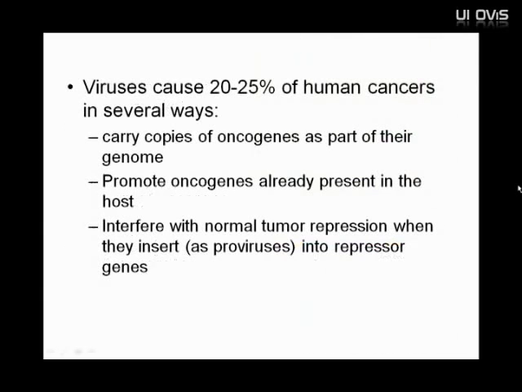Viruses cause 20 to 25% of human cancer in several ways. They carry copies of oncogenes as part of their genome, promote oncogenes already present in the host, or interfere with normal tumor repression when they insert into repressor genes.